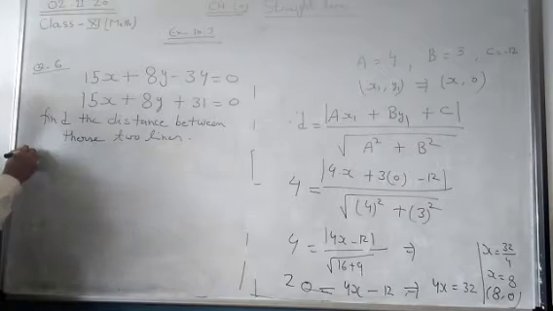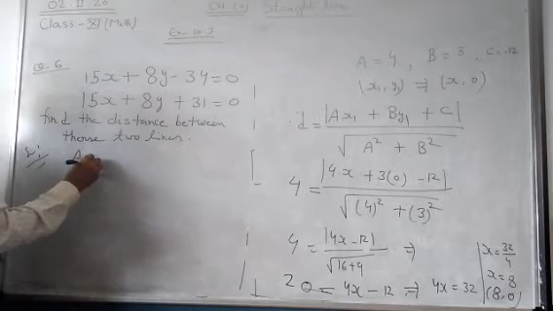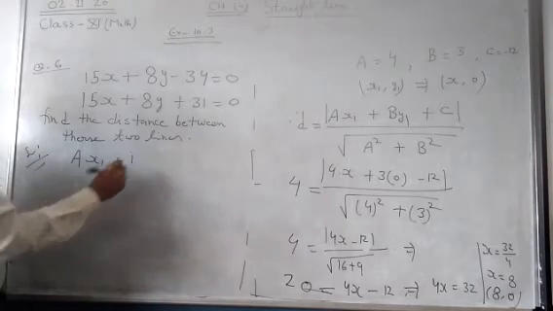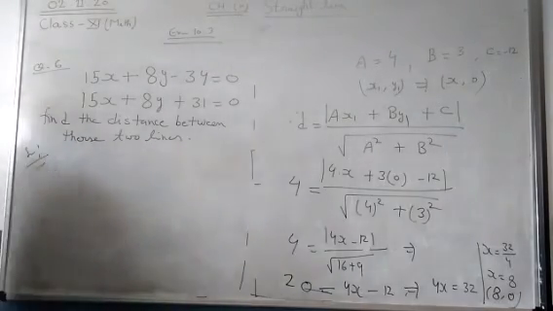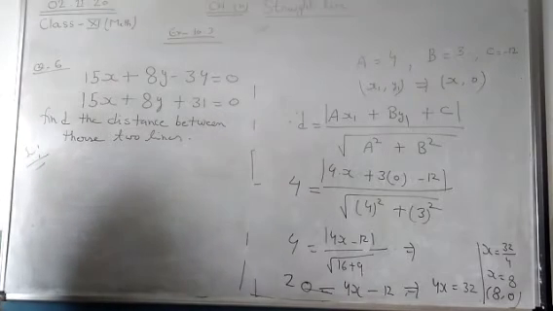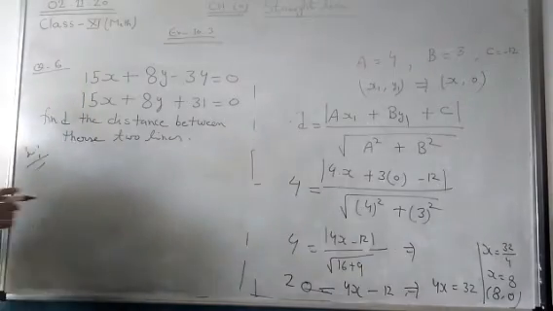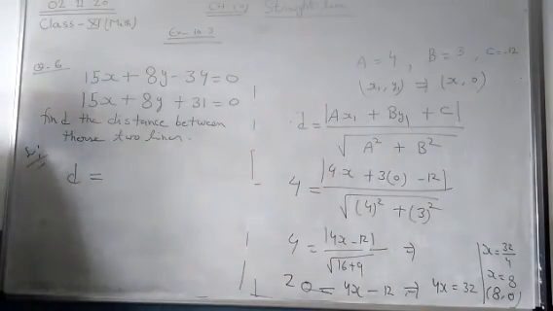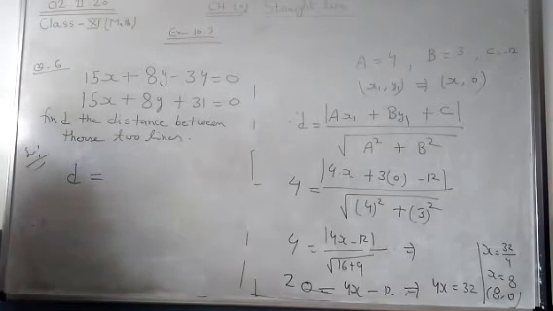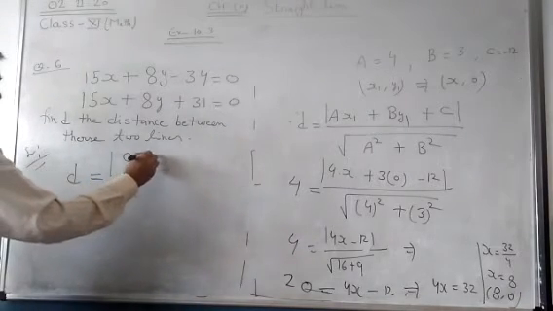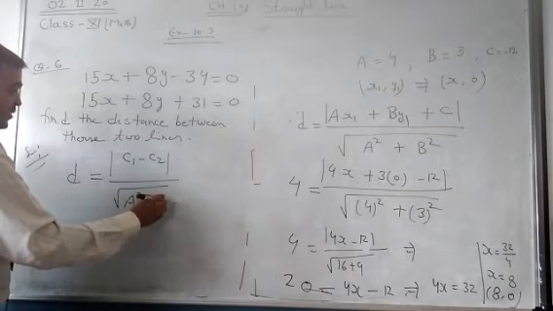Okay. Solution. We know that if two lines are ax plus by plus c1 equals 0 and second equation ax plus by plus c2 equals 0, then the distance between these two parallel lines d equals |c1 minus c2| upon under root a square plus b square.